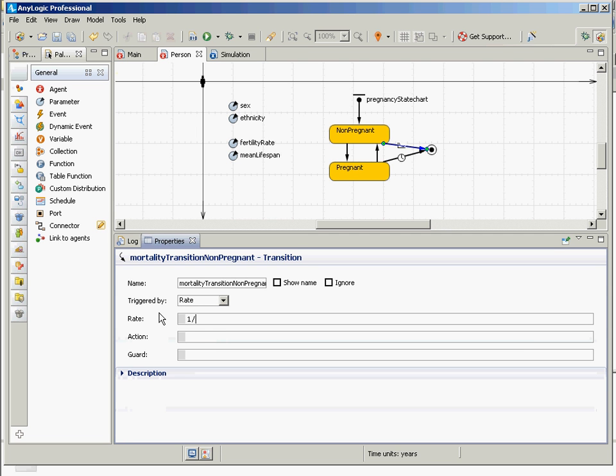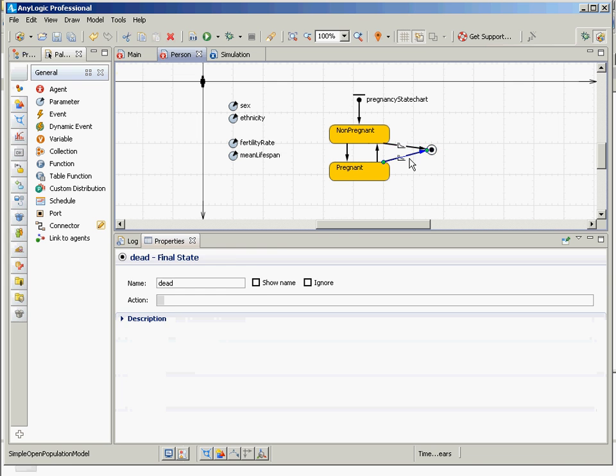So they have a certain chance per year of death. That's also not very realistic. We could put in a custom distribution, but for now we'll just do it like this. Otherwise we could have a timeout. For now we'll do it as 1 divided by mean lifespan. That means they'll stay in these states for an average of mean lifespan before transitioning. Not a very good way to represent it, but it will serve our purposes.